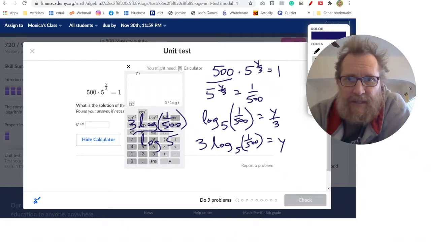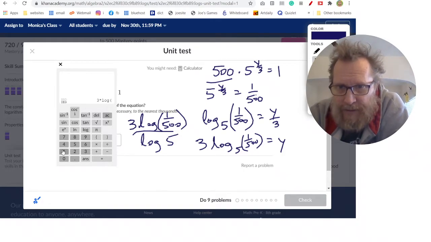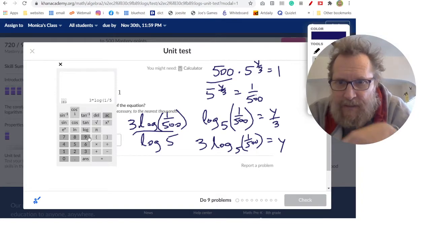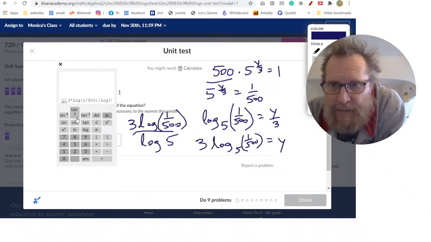So now I'm going to do 3 times log 1 over 500, close parentheses, divided by log 5, close parentheses, equals.